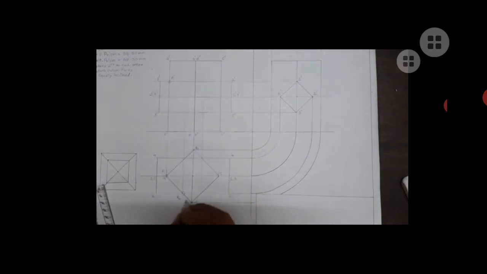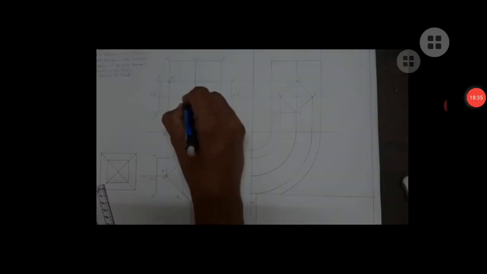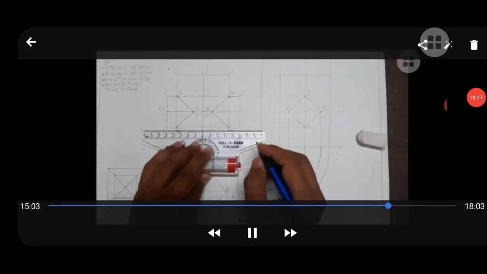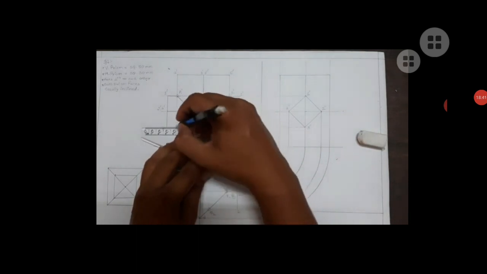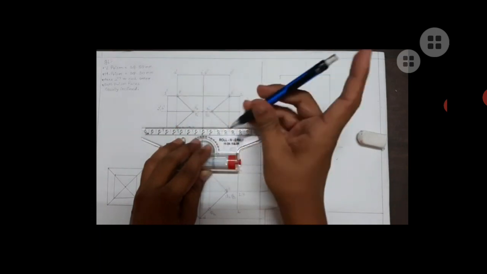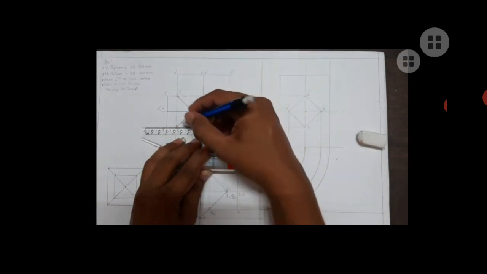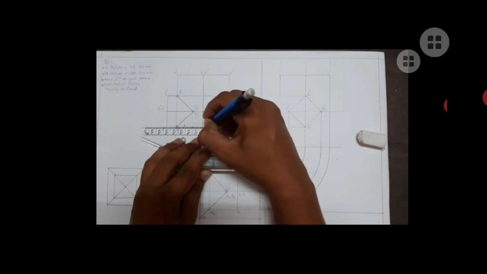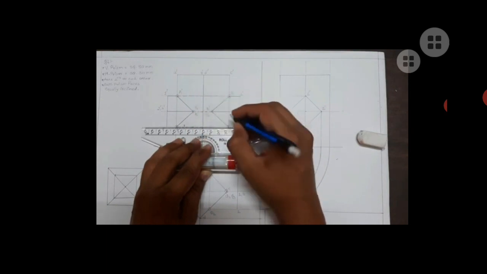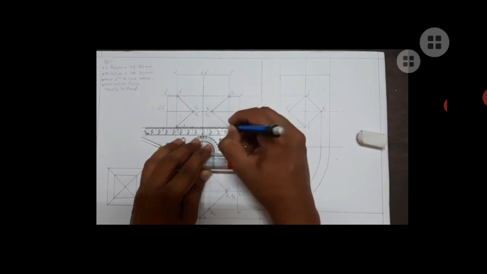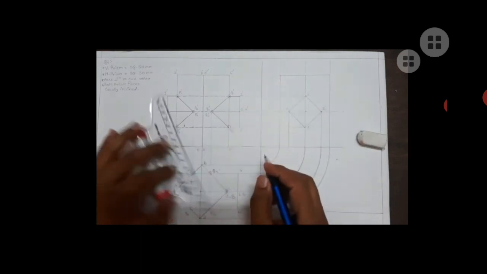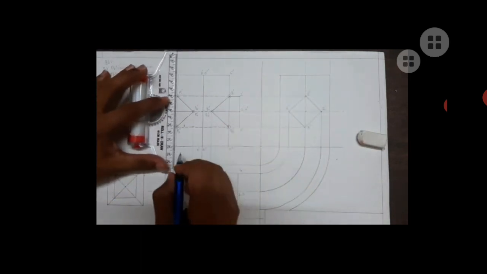That is P2, P2. Last also the middle. So darken all these points.